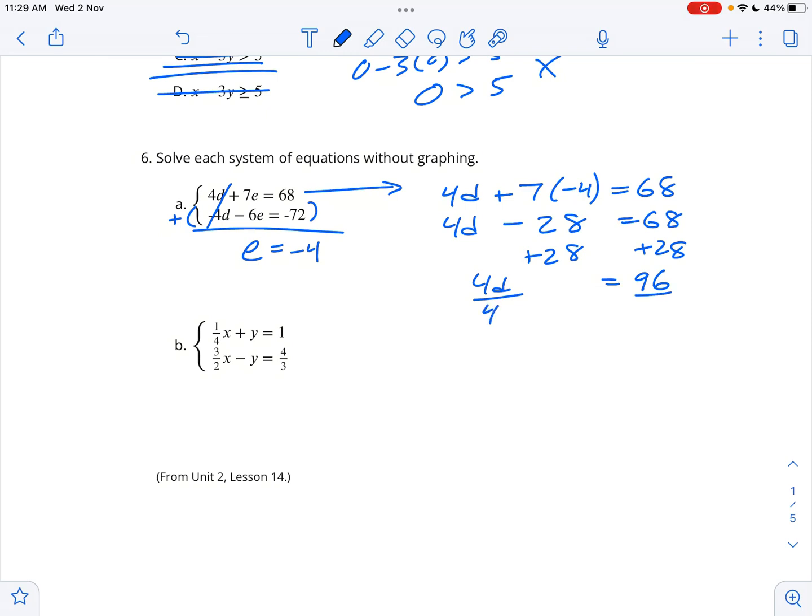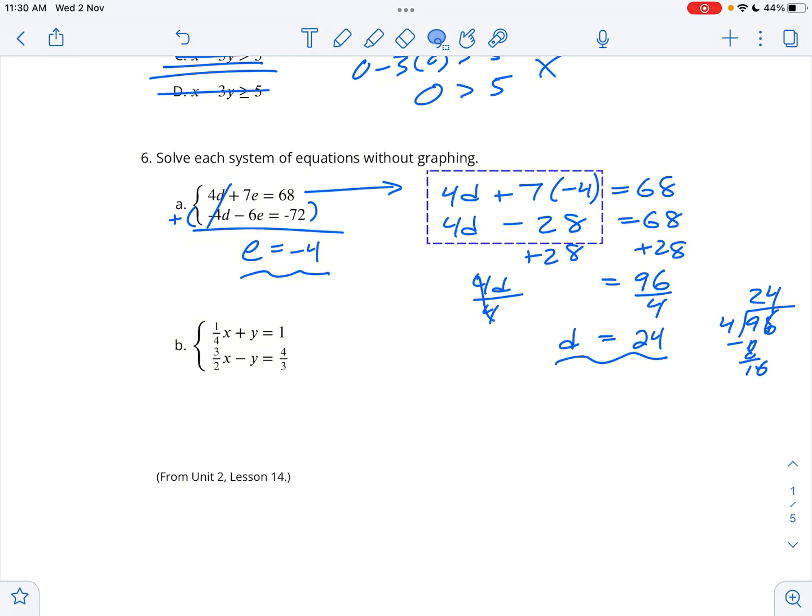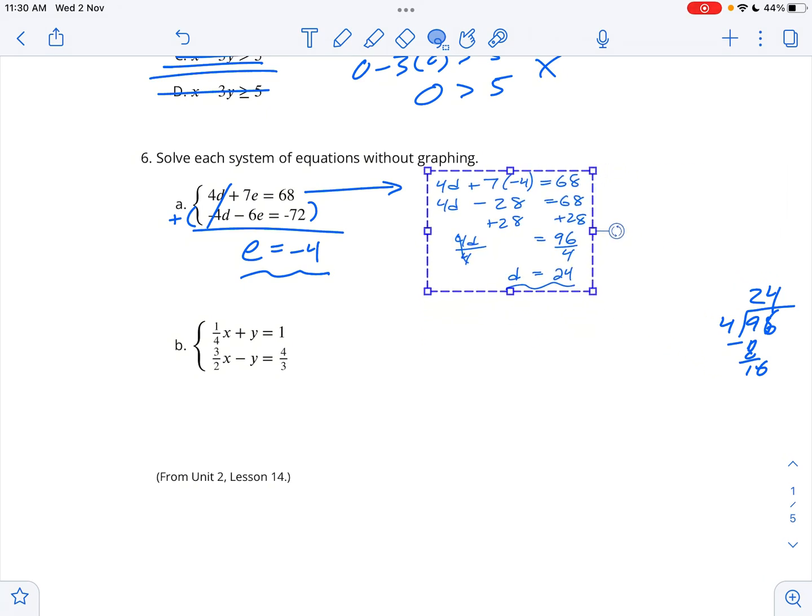Divide both sides by 4. I'm not very good at my mental math here, so let's just work it out. How many times does 4 go into 96? 24 times. So E equals negative 4, D is equal to 24, is the solution to that system of equations.